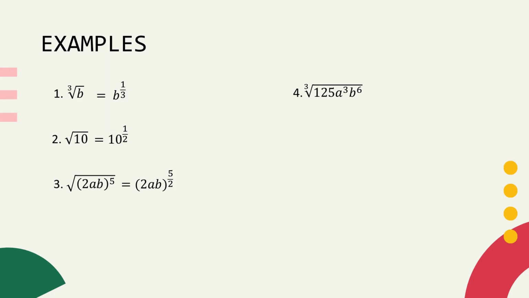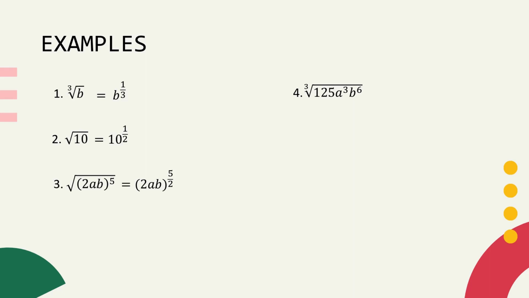Our next example is the cube root of quantity 125a cubed b raised to 6. Again, let's identify the index and power of this radical expression. For this one, what is our index? The index is equal to 3. Therefore, 3 is the denominator of our rational exponent. How about the power of the radicand, which is 125a cubed b raised to 6?